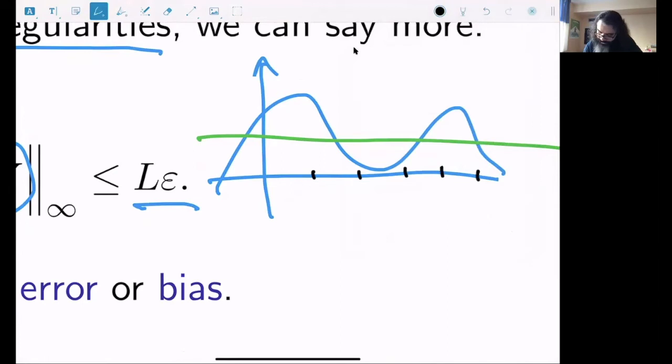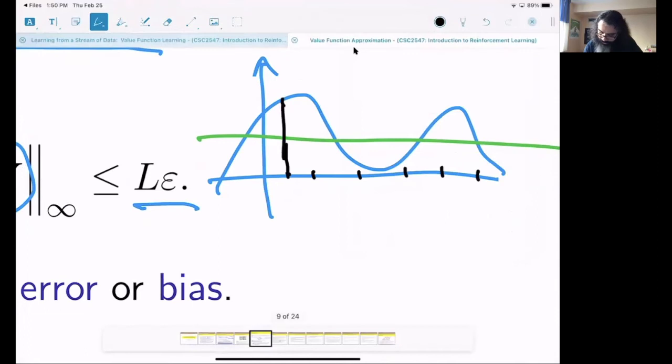In each region, I get the best linear approximation. So this is the region, and the best linear approximation in that region is this one. Here, the best linear approximation is this, maybe. So you see, this is much better than a piecewise constant approximation.